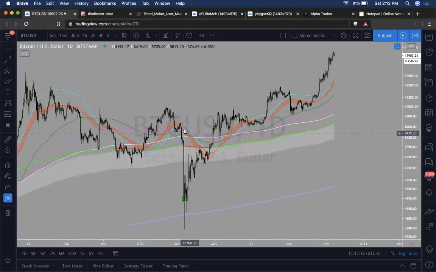And even over here, you can see in the February-March drop that we had, once price broke below the red ribbon and the aqua line right here, it sold off really aggressively. So that was a perfectly timed short if you were able to catch that.